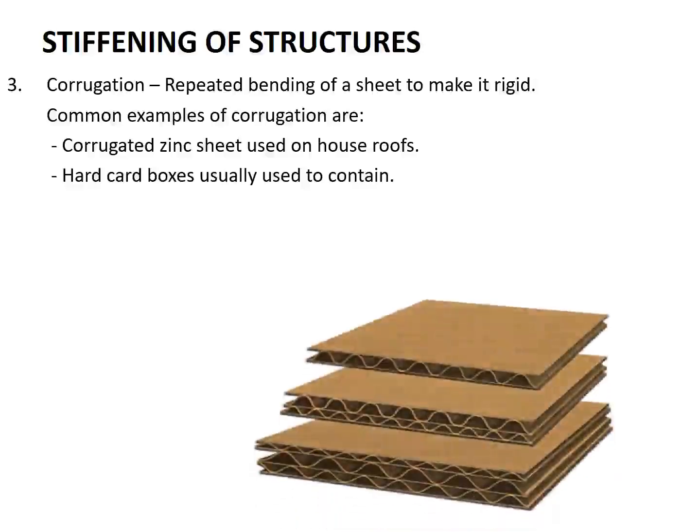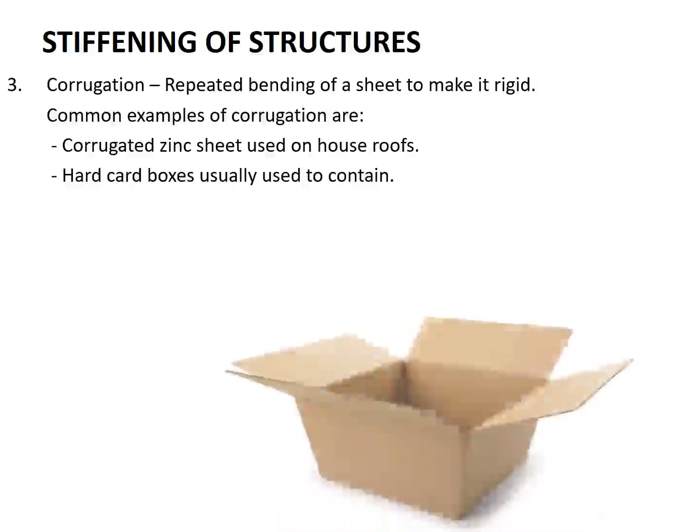Let's look at it. I think it's clear enough to you that the way they make it, you put a flat sheet and start repeatedly bending the other sheet and glue it to the flat one, and then you put a flat one again on top. Now it gives you a very, very hard cardboard that we usually use to contain materials.